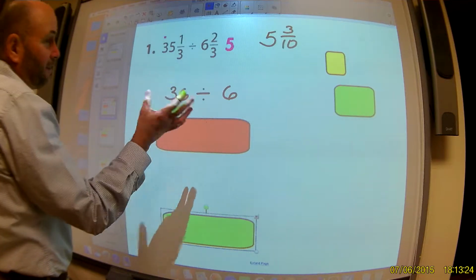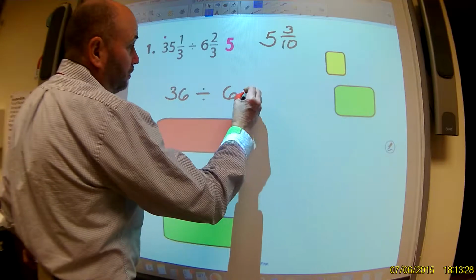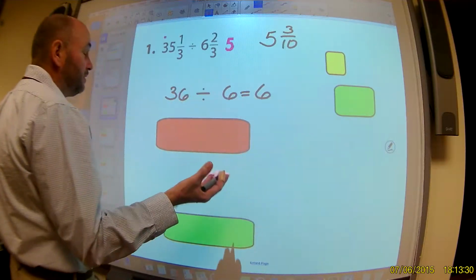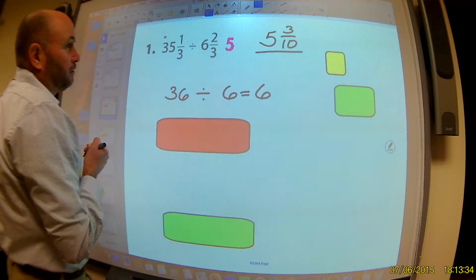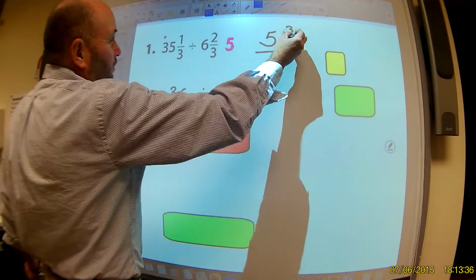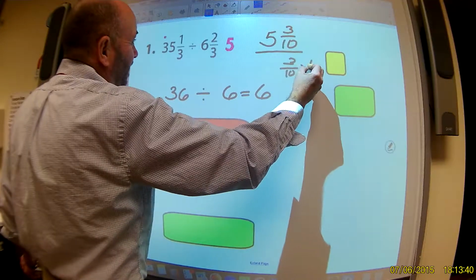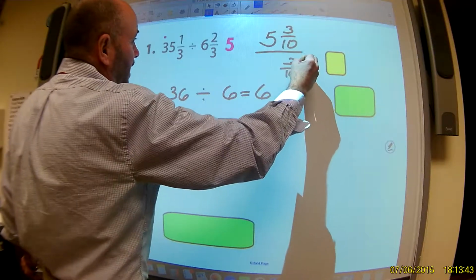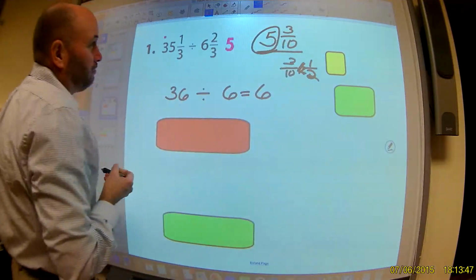That's a nice estimation, but if you know what the real answer is, you'd say 3/10 is less than a half, so a reasonable answer would be 5.